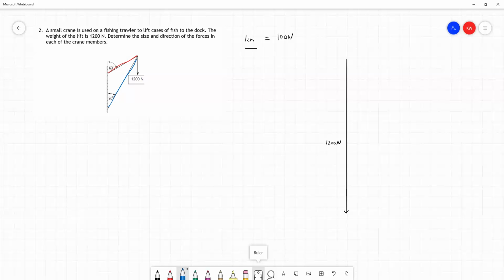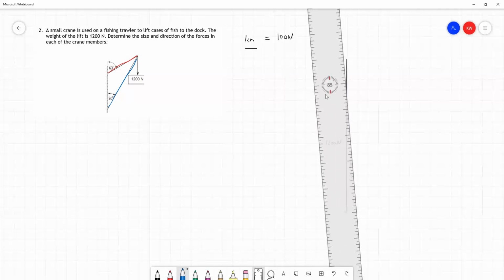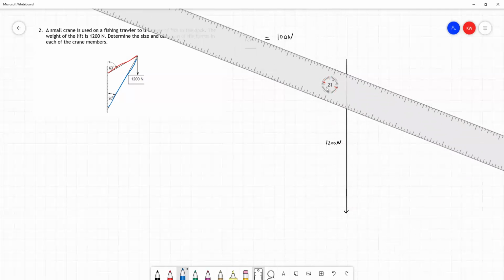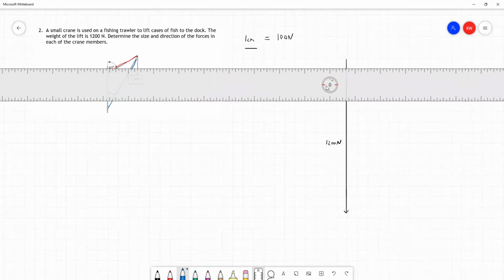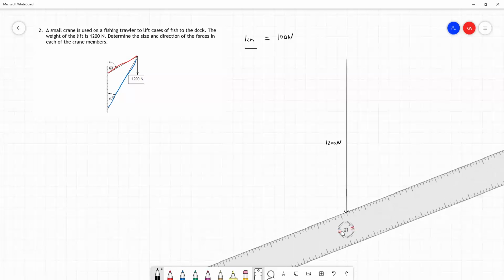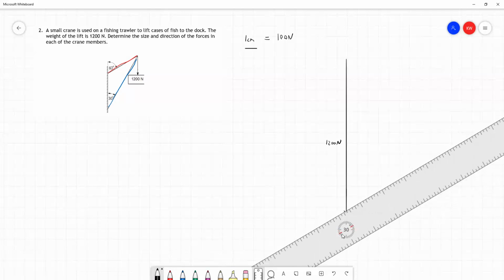Well, we know that it has to act up at an angle of 30 degrees from the horizontal. Whether that line is running up and to the right and down and to the left, it will make an angle of 30 degrees if it passes this horizontal line here. So as we've done in previous questions, we'll mark a little dotted line here. And I want to measure up, again, you'd use a protractor for this, an angle of 30 degrees.